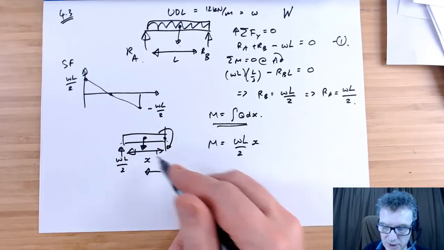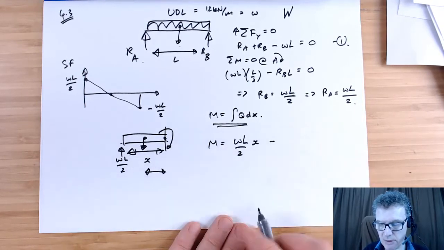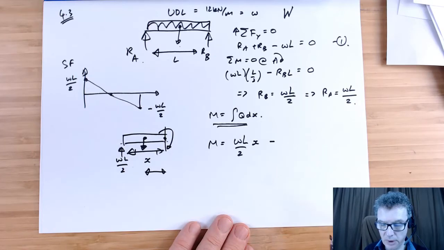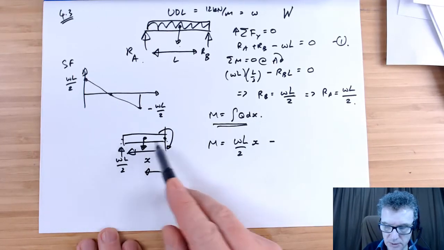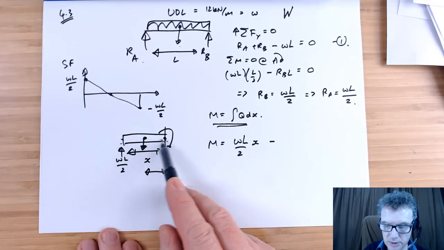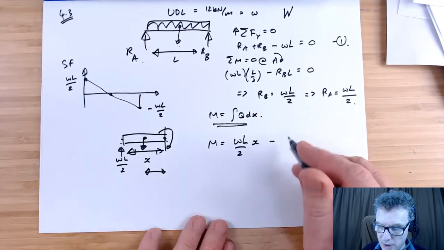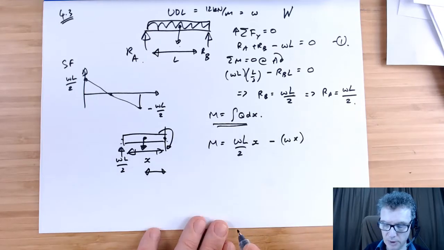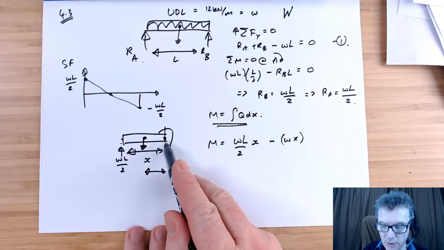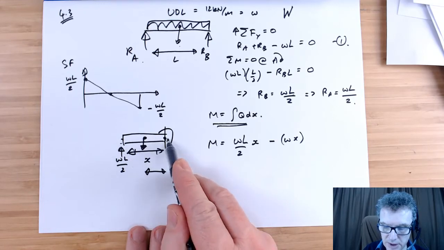Well, first of all, which way is it going to be acting? So we know it's going to be a negative moment. What is its weight? Well, its weight will be little w times x. So that gives me the weight of the thing. That's my weight. Now I'm going to take moments at this pivot point back to here.